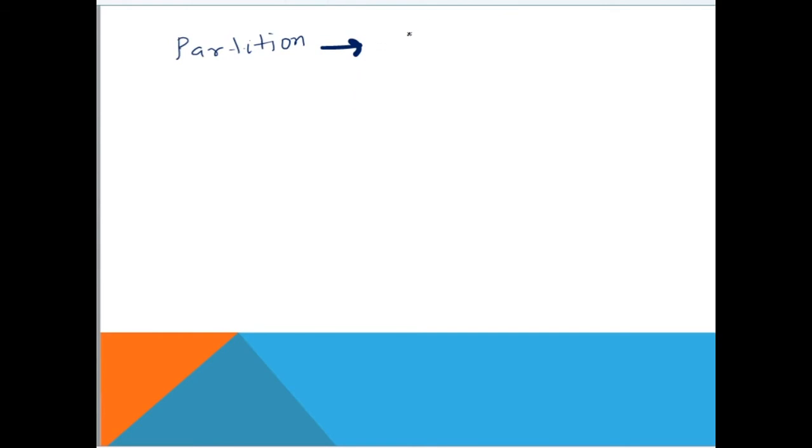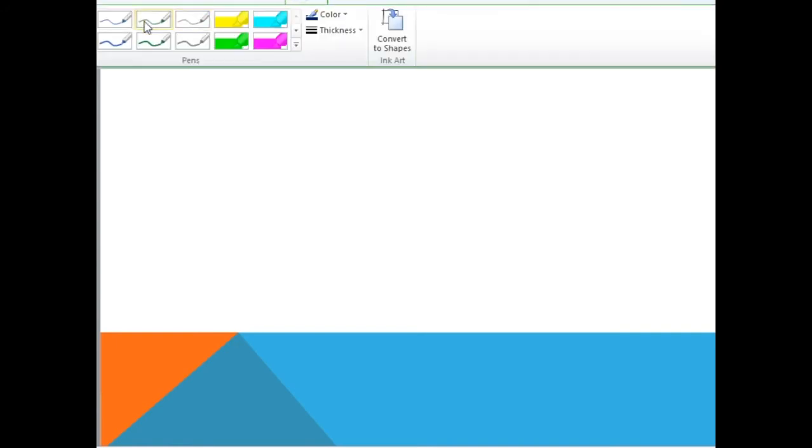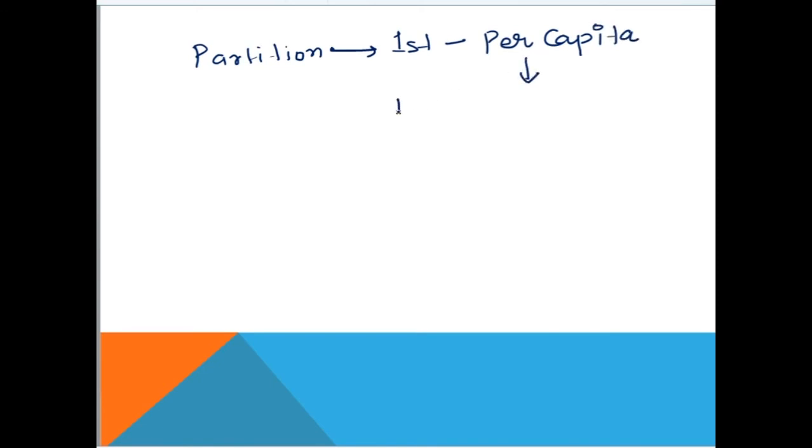In partition, the rule of partition is that the share will go per capita, and then it will be divided into that branch of that particular co-partner, that is called per stripes division.